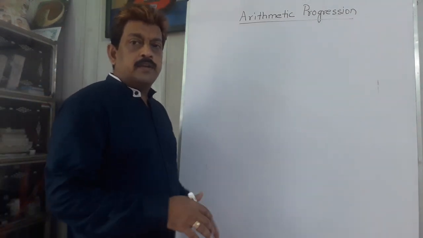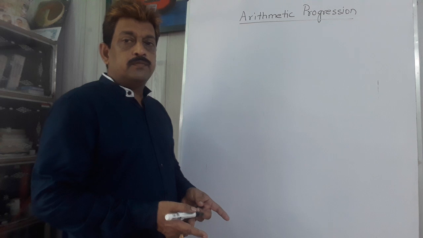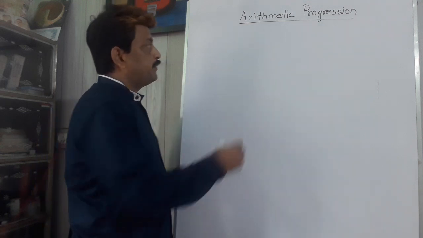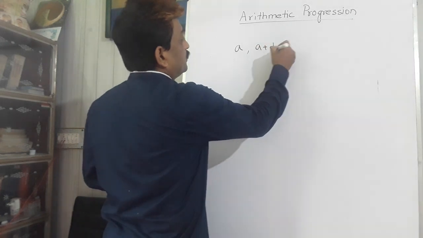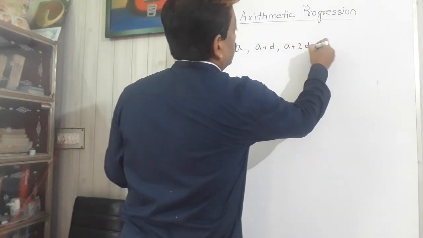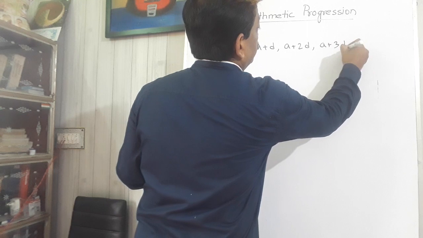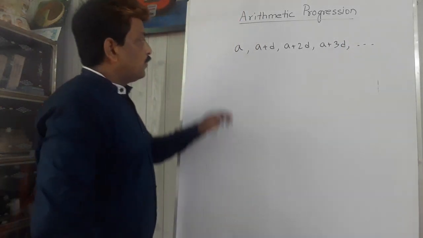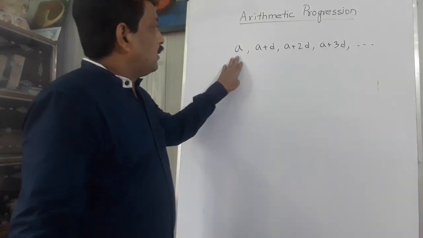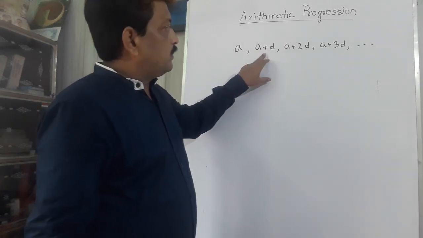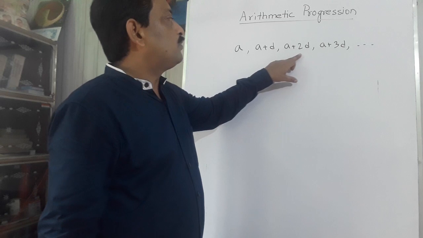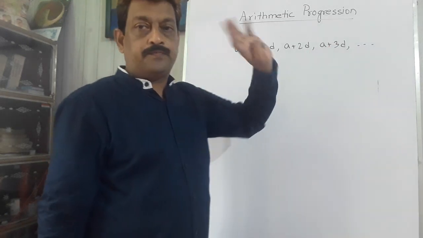Now let us again go back to the general form of an AP. It is A, A plus D, A plus 2D, A plus 3D and so on, where A is the first term and D is added to the first term to get the second term. Again D is added to the second term to get the third term and so on.